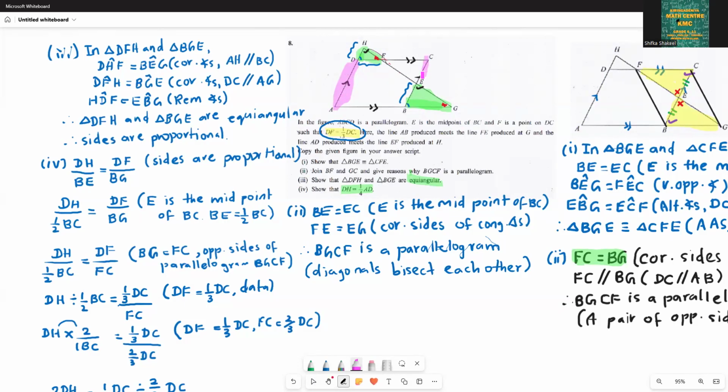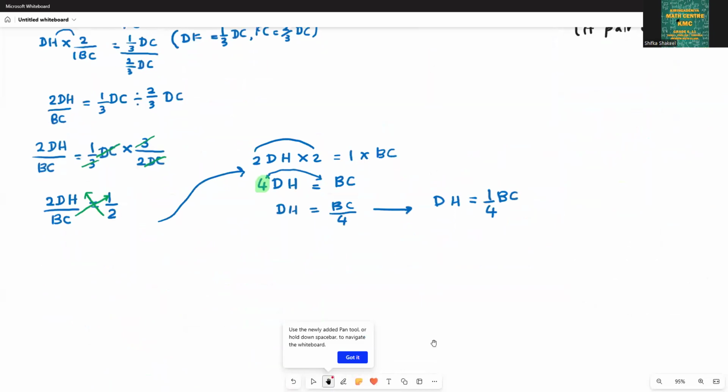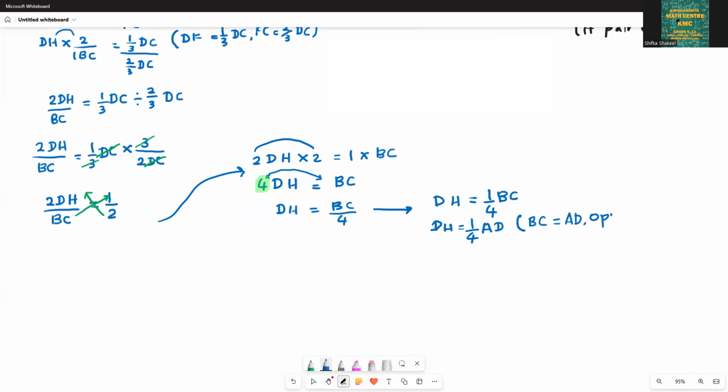Opposite sides of a parallelogram ABCD. So instead of BC we can write AD. So we write DH is equal to 1 over 4 AD, because BC is equal to AD, opposite sides of parallelogram.